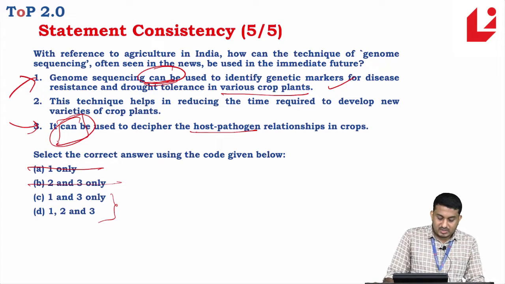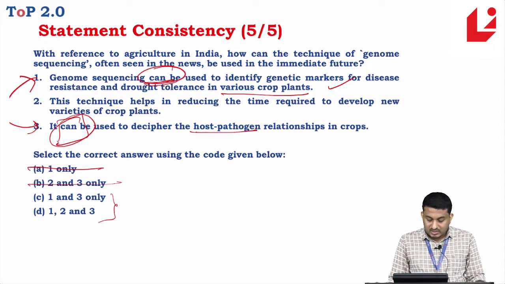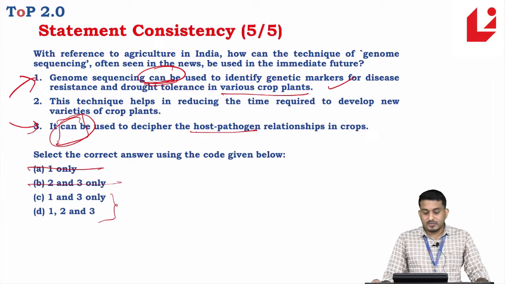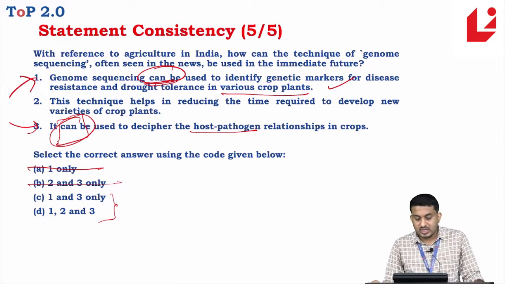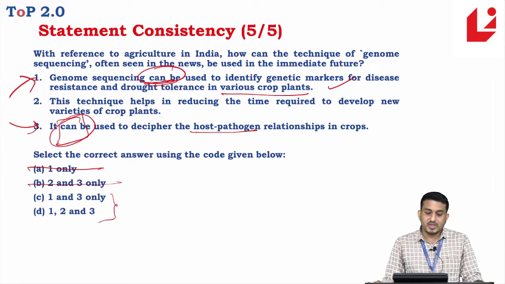Now second statement, this technique helps in reducing the time required to develop new varieties of crop plants. It's a very general statement, and if I talk about genome sequencing, biotechnology, genetic engineering, all these have application in crops. And also the statement is a very general application.